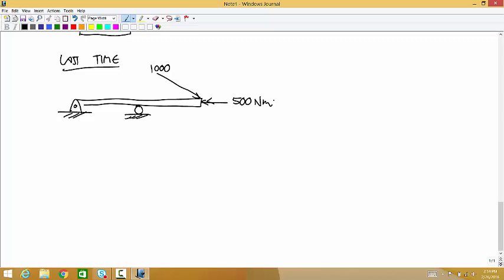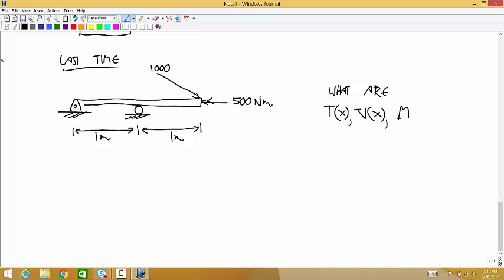The length was 2 meters total. So the question is, what are the internal loads, tension, shear force, bending moment, and torque as functions of x?